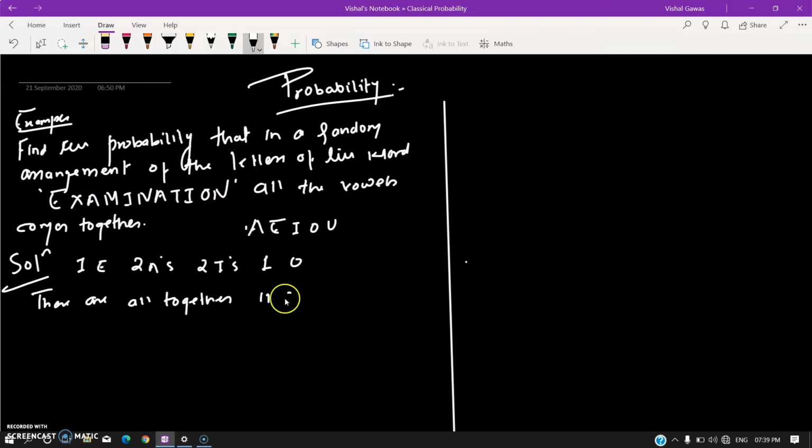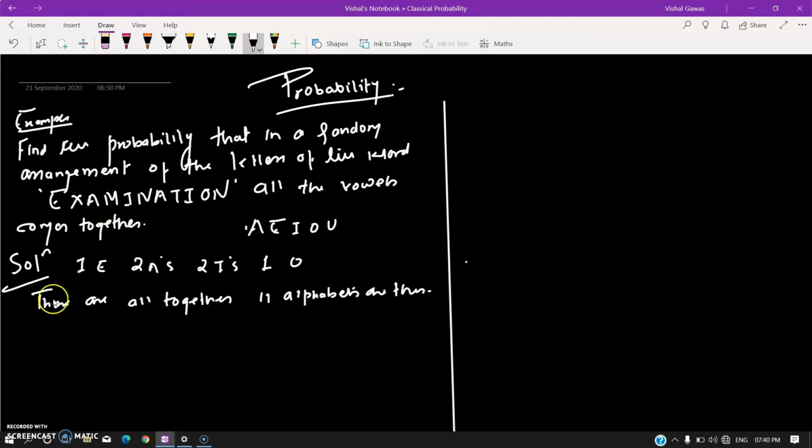Altogether 11 alphabets are there, in which E occurs once, A occurs twice, I occurs twice, and O occurs just once. So first of all, how many words can I form?